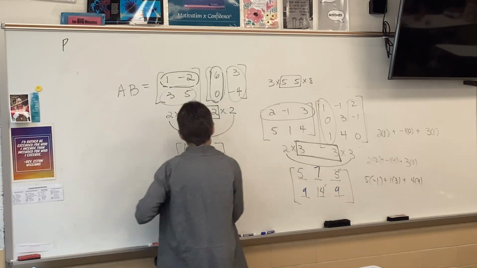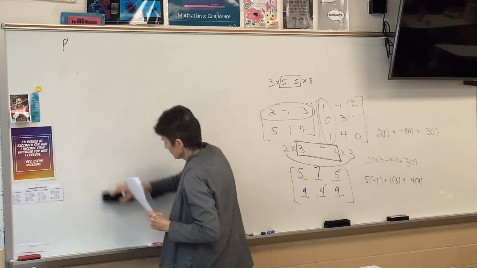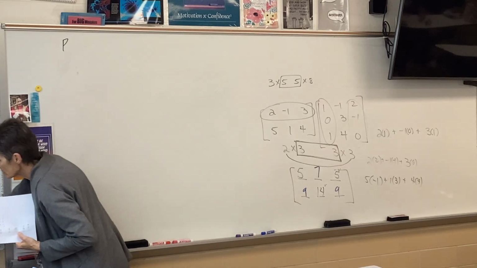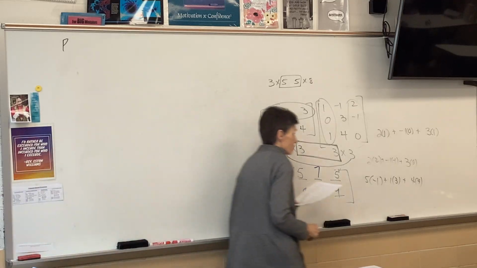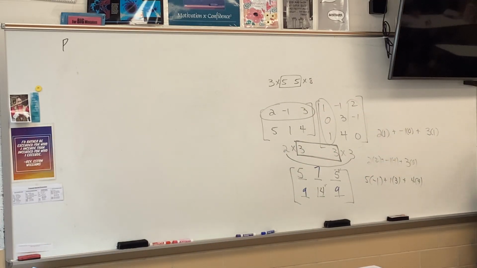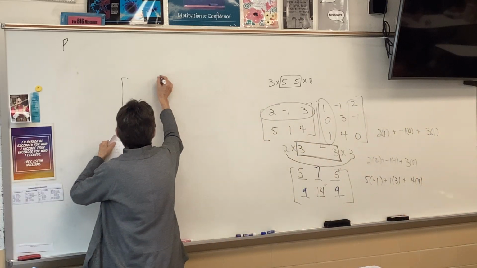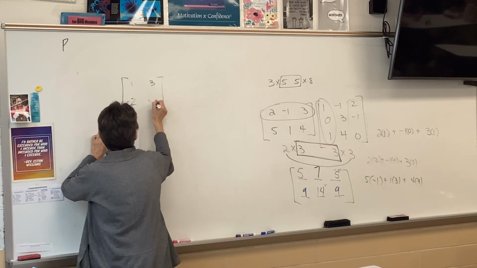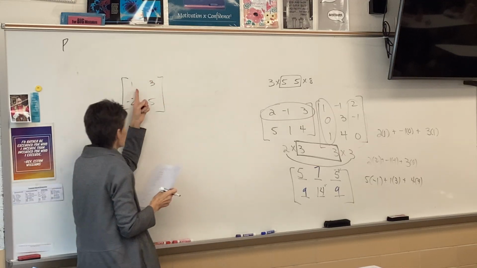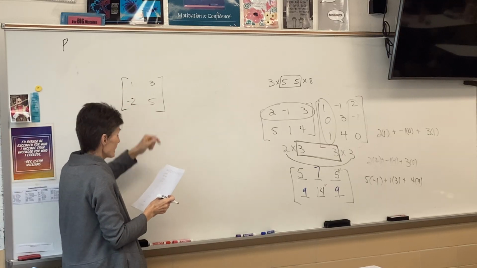A transpose. What does A transpose mean? Switch them. So A transpose will look like this. What was row 1 is now column 1, and row 2 is column 2.